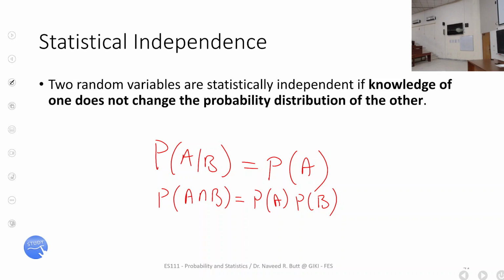Now I want to write this condition again in terms of the functions we just learned. It's very easy to do that. What's the function we learned for conditional probability? The conditional distribution function. So this will be f(x given y).